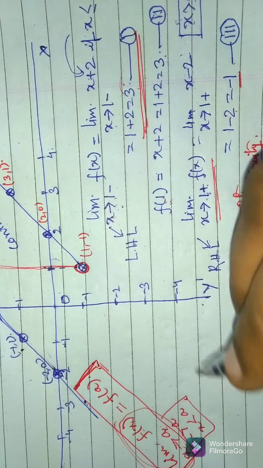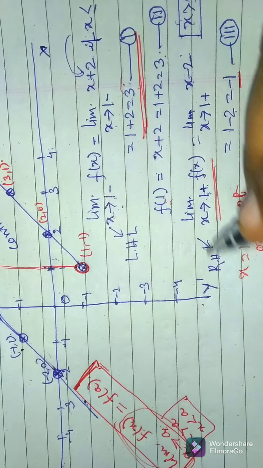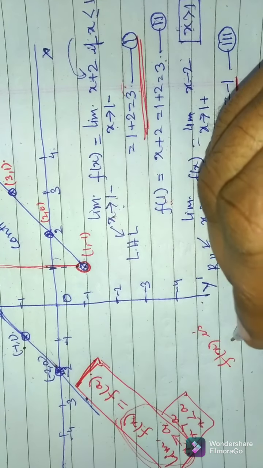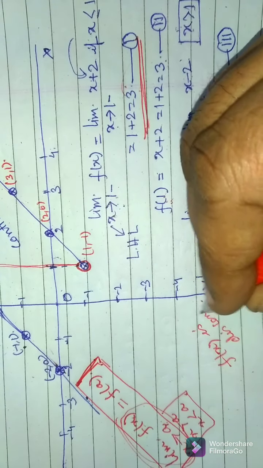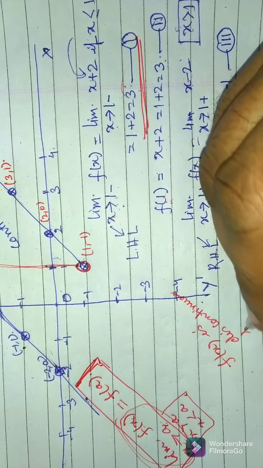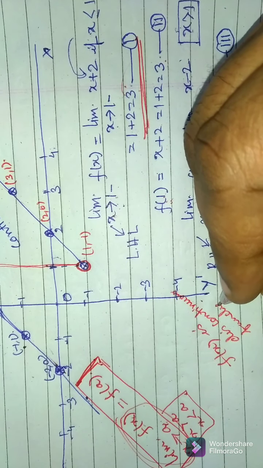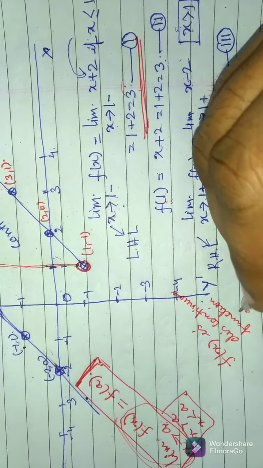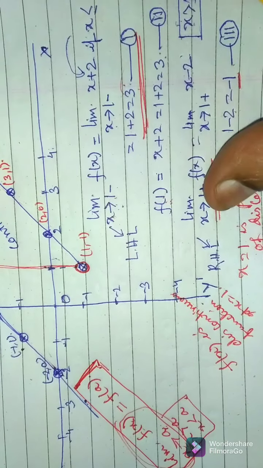And the function is a discontinuous function. So f(x) is a discontinuous function at x is equal to 1. At x is equal to 1 only, the function is discontinuous.